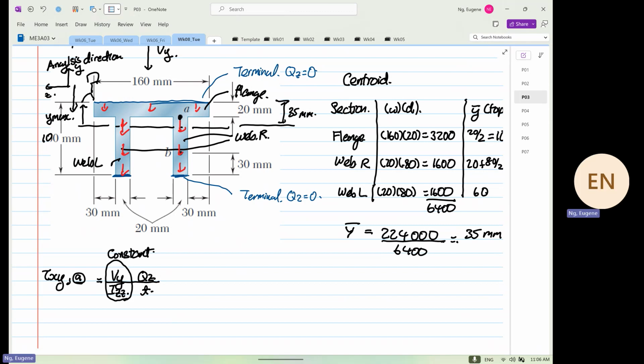This is a constant, okay? So at A, Qz, okay, to find at A, Qz is this entire area over here. Okay, Qz at point A, I do apologize. Qz at point A. Okay.